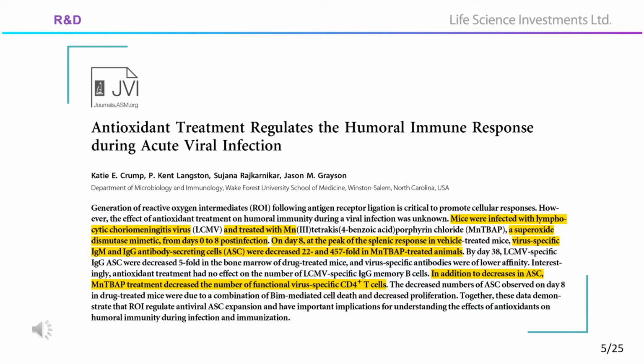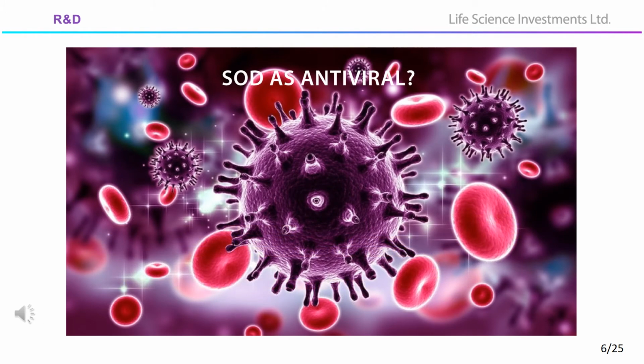It's a spectacular result. And in addition to this decrease in the number of cells, the treatment decreased the number of functional virus-specific CD4 plus T cells. And really, SOD could be antiviral?